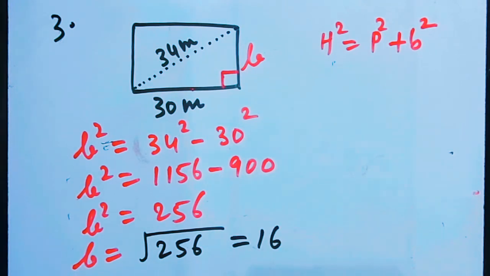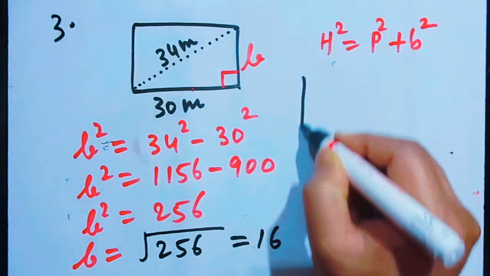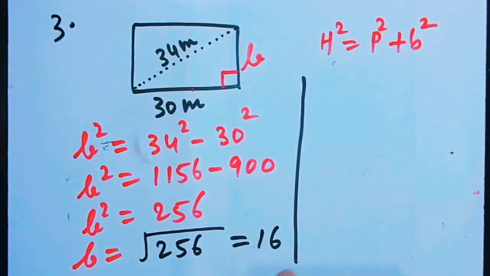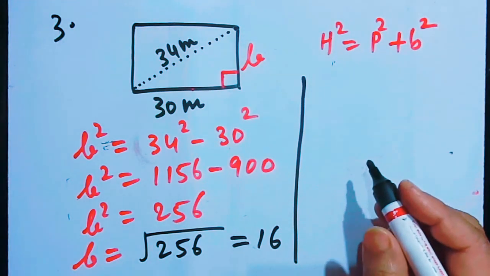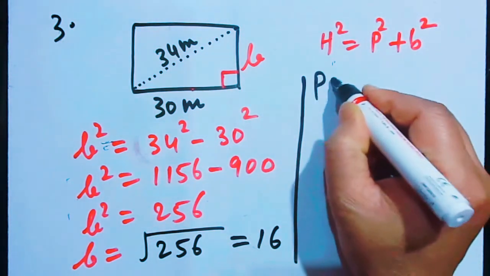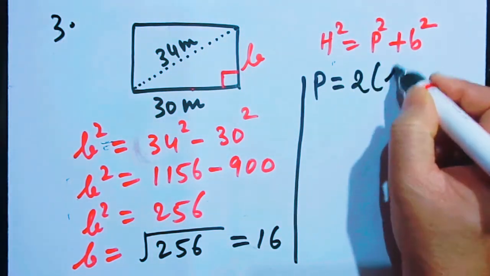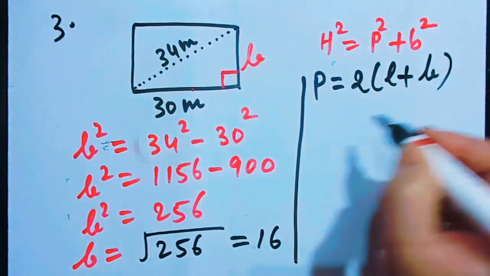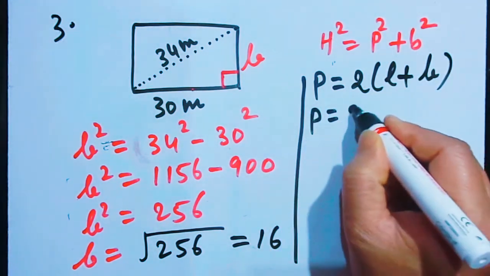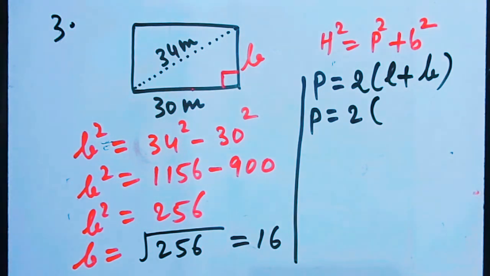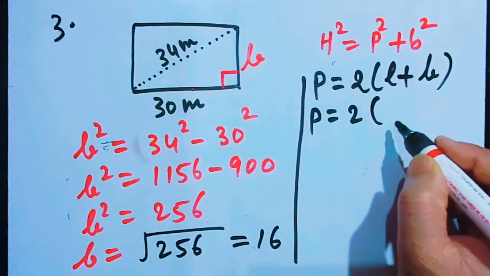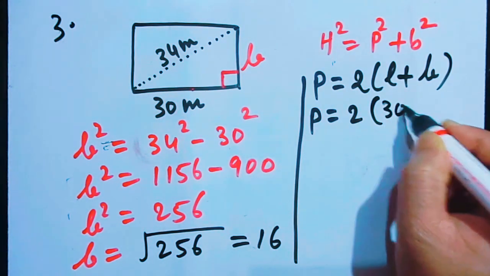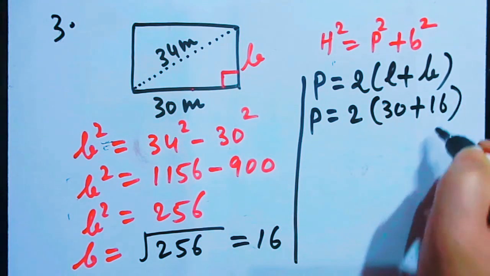I had already told you that please learn the square of numbers from 1 to 20 at least. So b is equal to 16. So naturally your perimeter will now be equal to 2 times (L plus b). That is, L was how much? 30, and b was how much? 16.